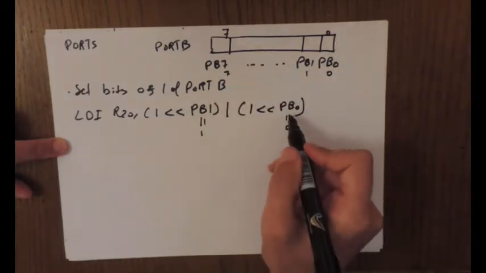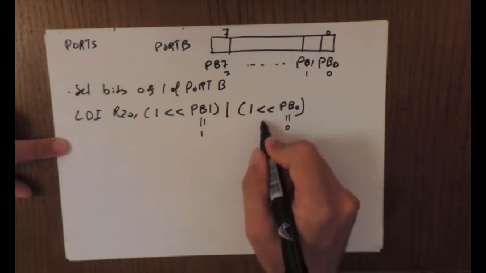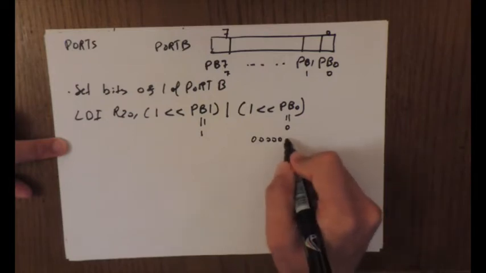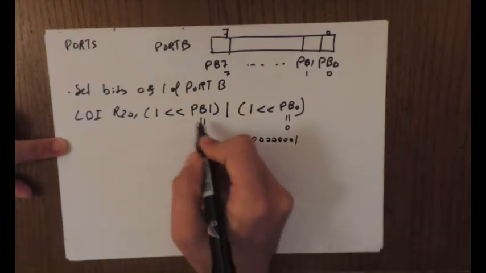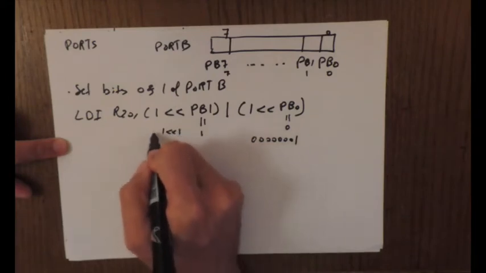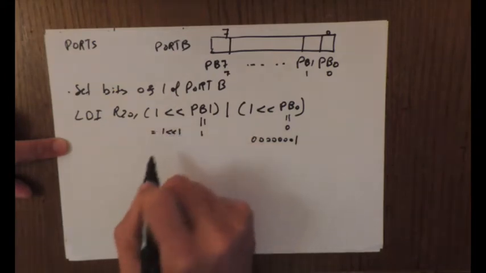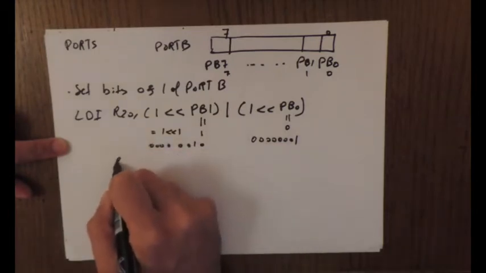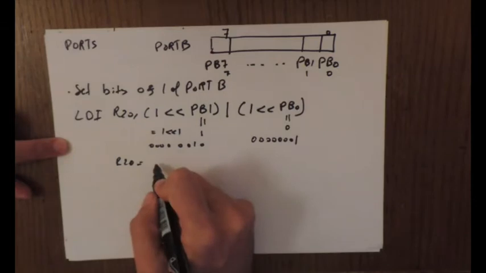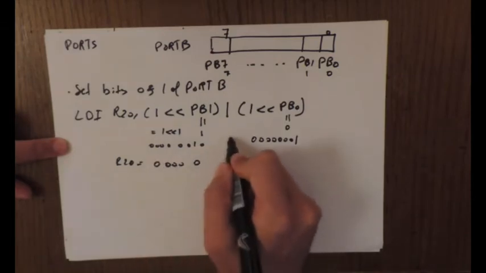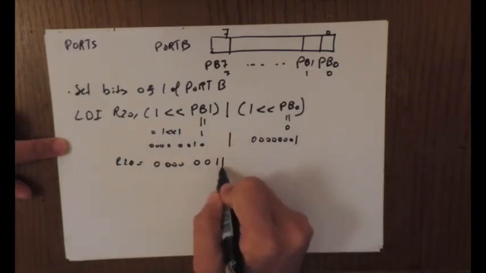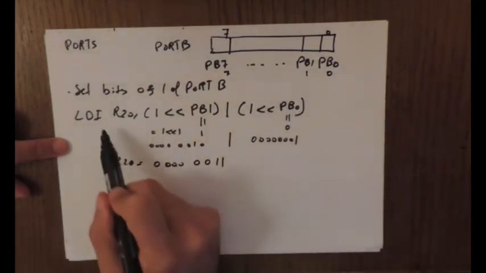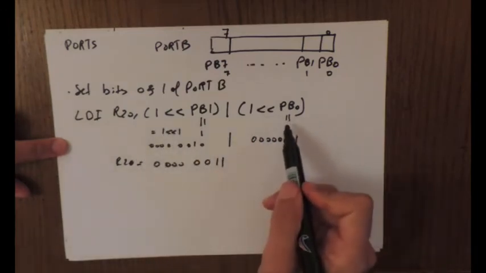So here 1 shifted by 0 is going to be 1, and 1 shifted by 1 will be equal to 1 0. So R20 will be equal to 1 1. So in this case we set bit 0 and bit 1 using the assembler directives.